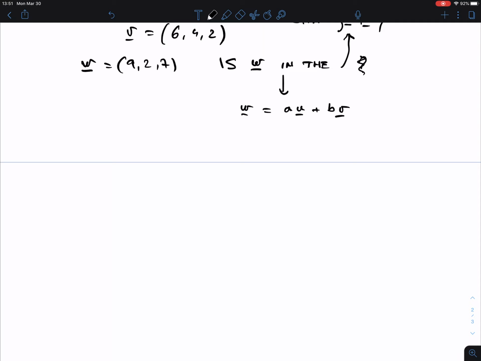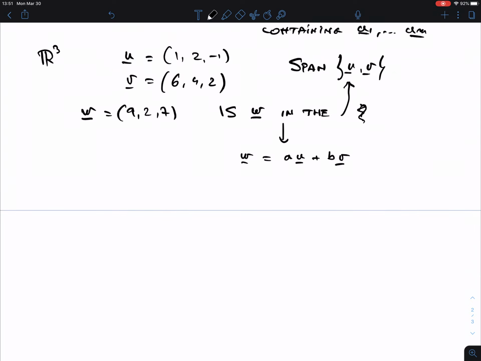Okay, let's write what this means. I'm going to write it out in vectors, with the coordinates. So this means that (9, 2, 7) is equal to a times (1, 2, -1), that's u, plus b times (6, 4, 2).